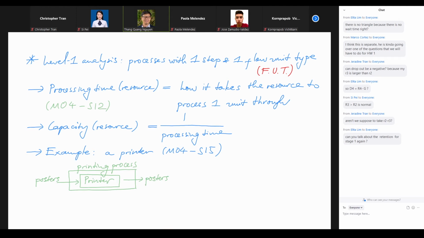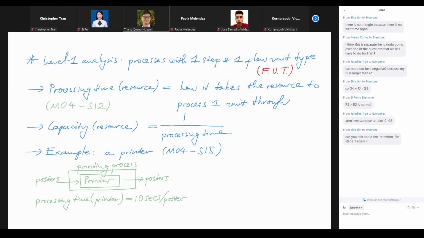And here is the information given by the question. By the way, if you look at the picture, the printer is only the resource, where the process is the whole thing. So the processing time of this resource is given to be 10 seconds per poster.